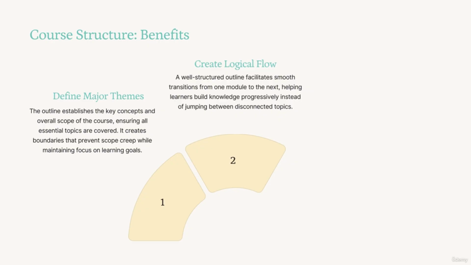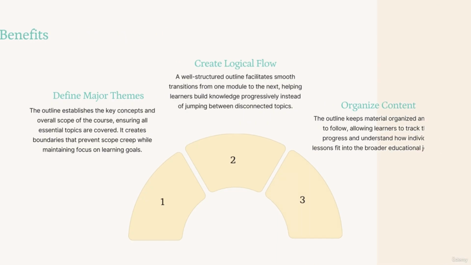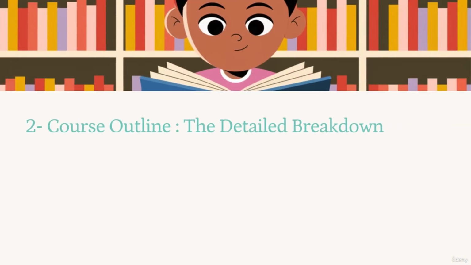I chose 6 because I felt comfortable with it. You can go to 3, 4, 8, 10, whatever is to your liking. And number 3, it organizes your content and with it your thought process. I hope your thoughts are getting more structured up until now.